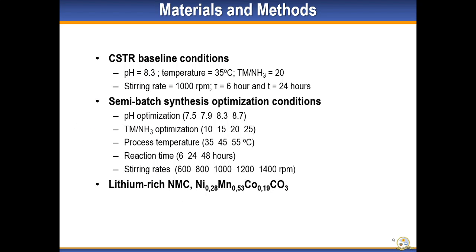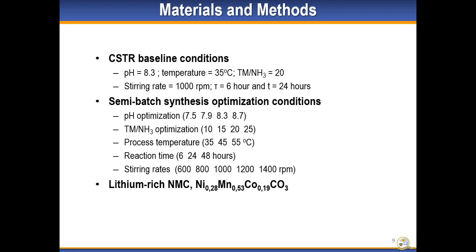Materials and methods. For the CSTR baseline condition, we have a pH of 8.3, a temperature of 35 degrees Celsius, transition metal to ammonia ratio of 20, a stirring rate of 1000 RPM, residence time of 6 hours, and a total time of 24 hours.